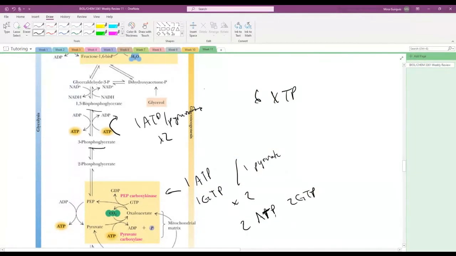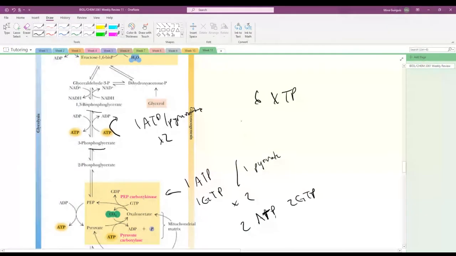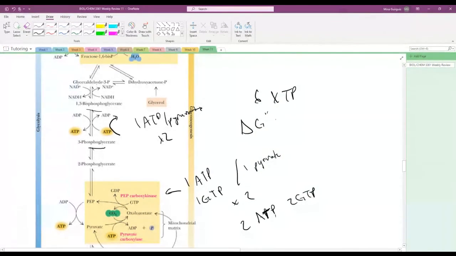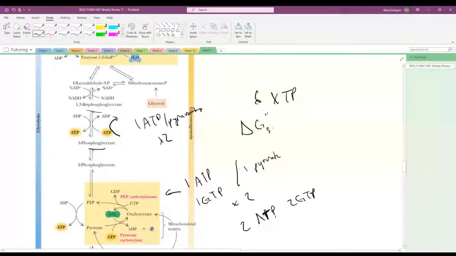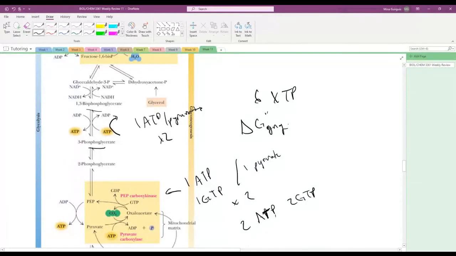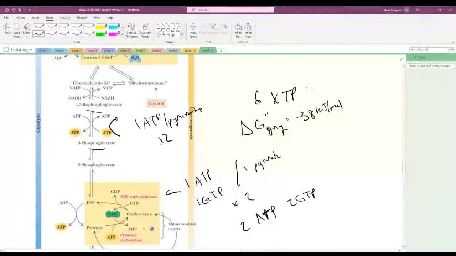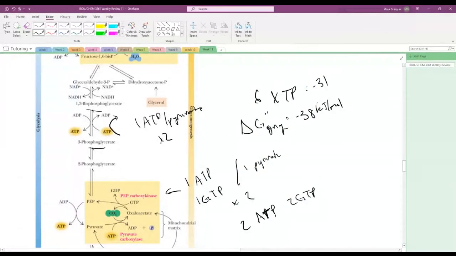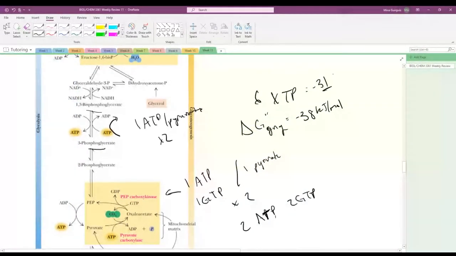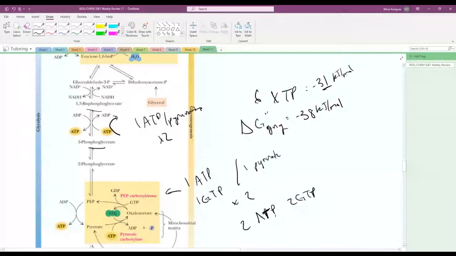So the total delta G naught prime of gluconeogenesis, which I'm just going to abbreviate GNG, is about negative 38 kilojoules per mole. Now that number is significant because remember that these are each about negative 31, right? So this is the reason, negative 31 or negative 30.5.